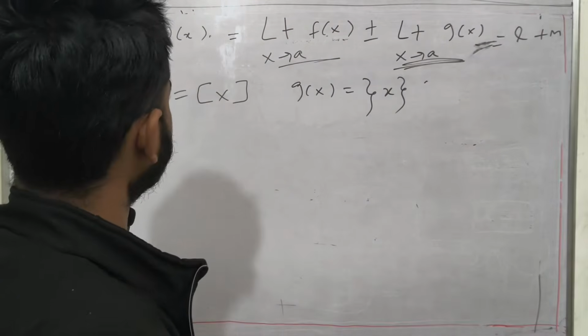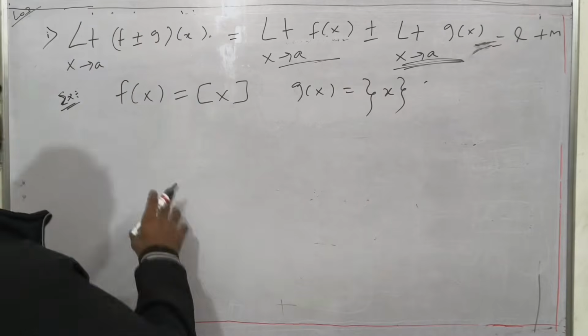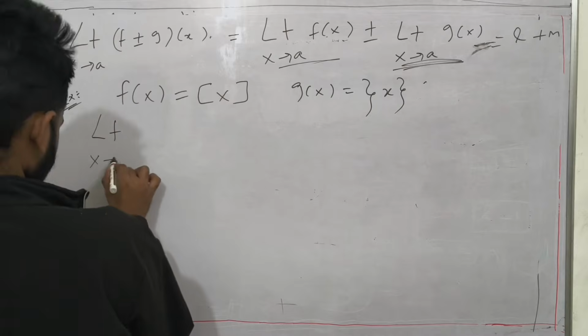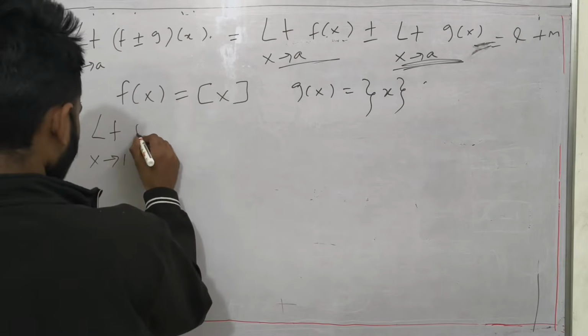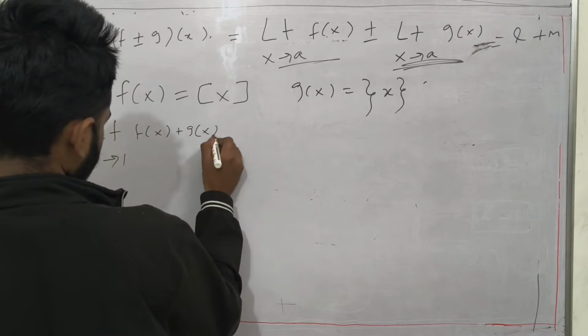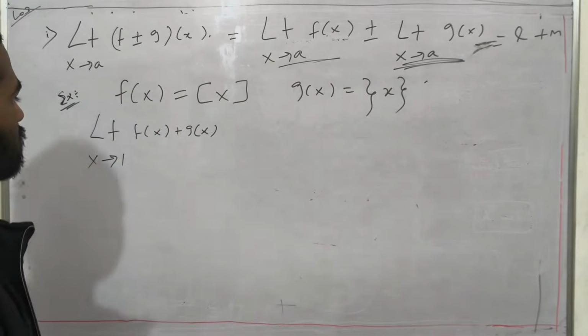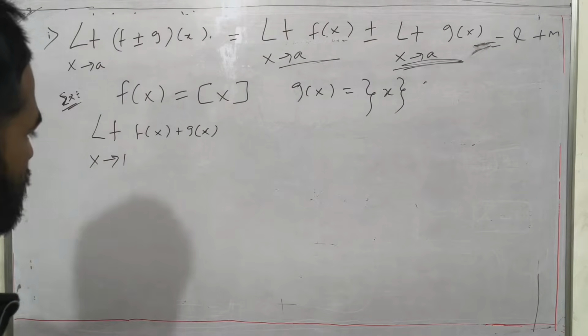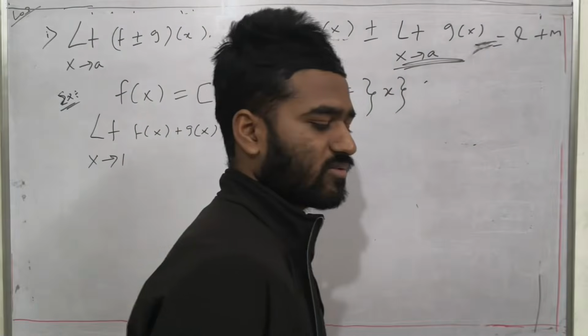Now the question is, I want to find limit x tends to 1 of f(x) plus g(x). They have given f(x) equals step x, g(x) equals fractional part of x, and we should find limit x tends to 1 of f(x) plus g(x).